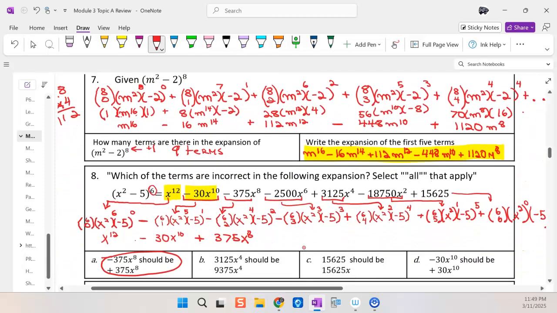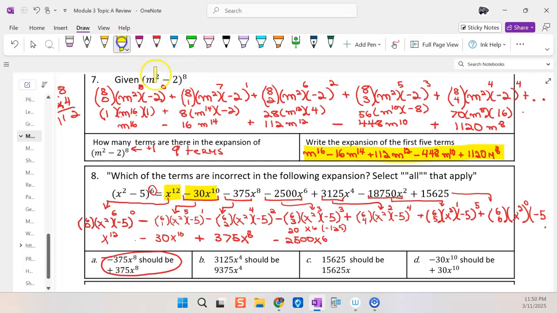Okay, so we're going to have 20 x to the 6th, and then negative 5 cubed is negative 125. So 20 times negative 125, that's negative 2,500 x to the 6th. So that guy checks out.